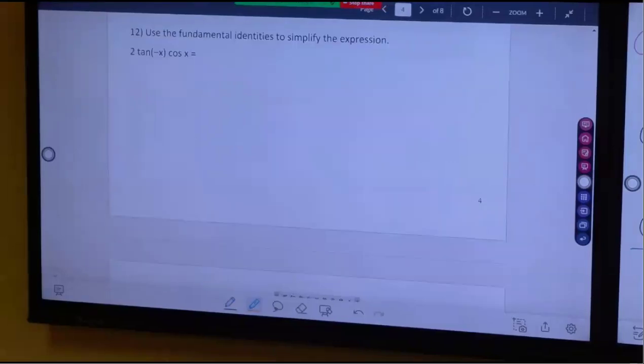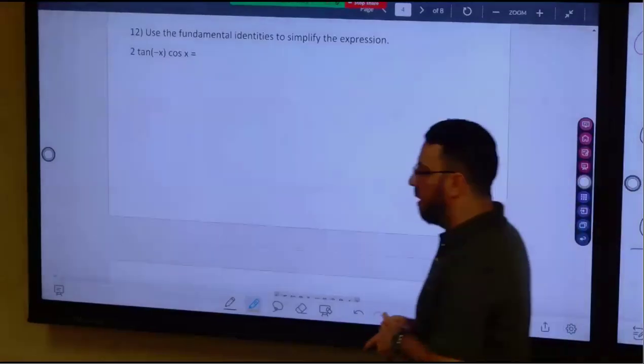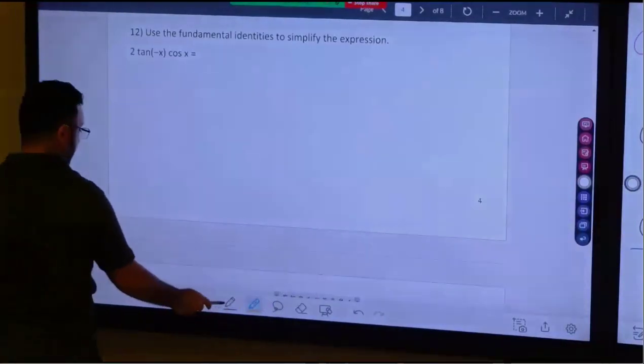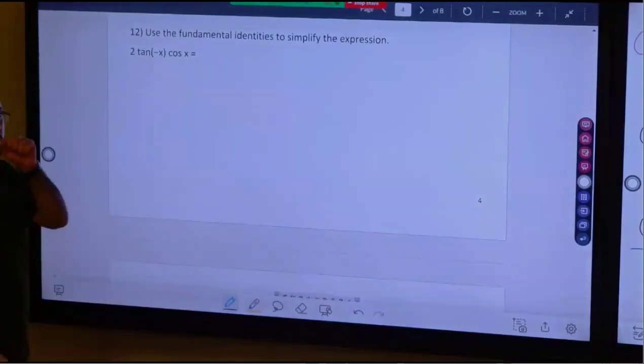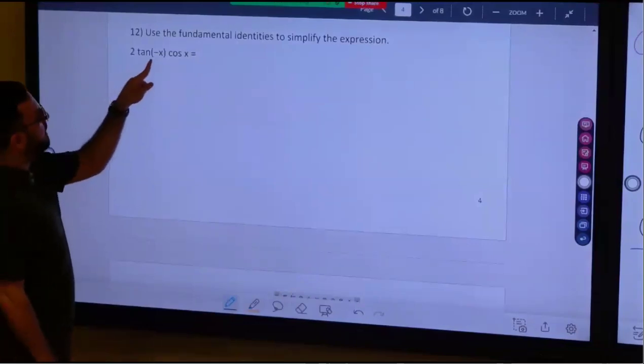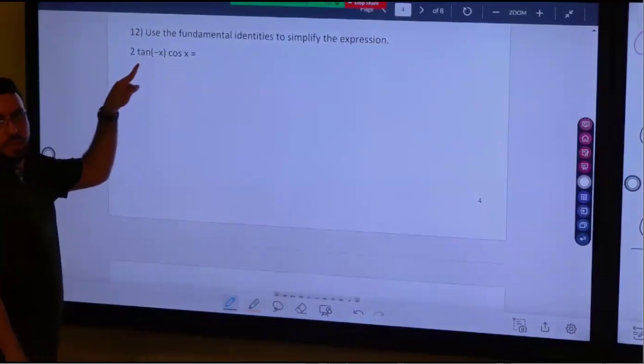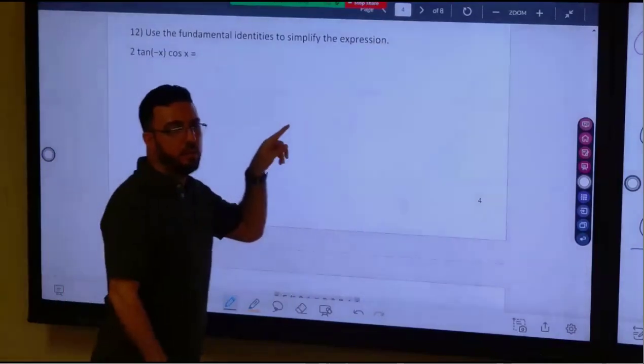Now, tell me, how are we going to solve this one? We need to simplify. We have two tangent negative x equals cosine times cosine x. Now look at the tangent as well. It is a negative angle.